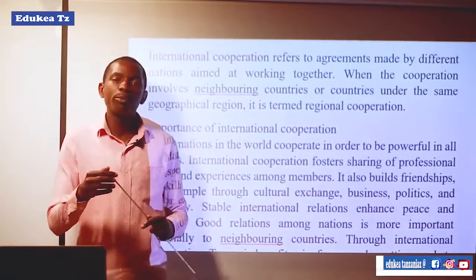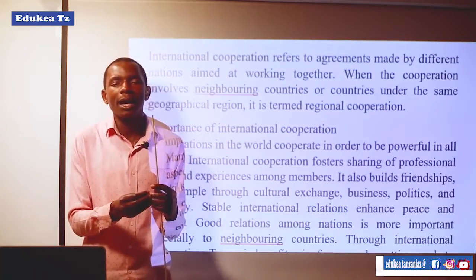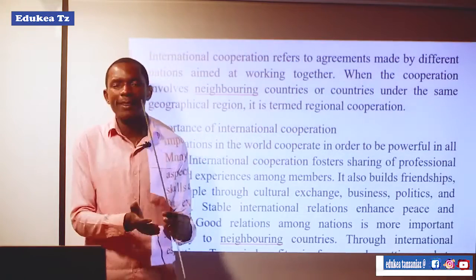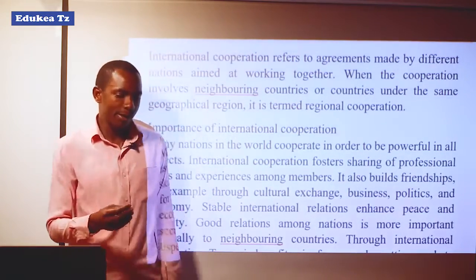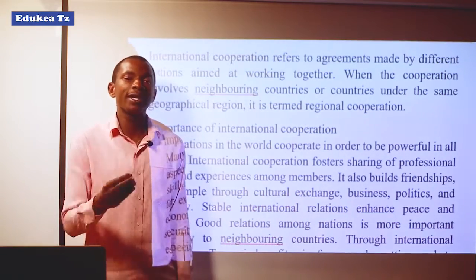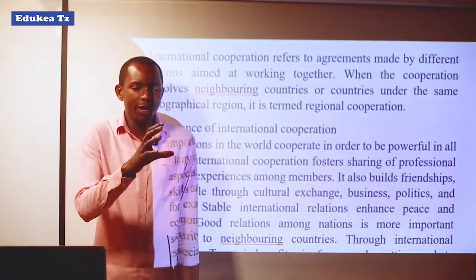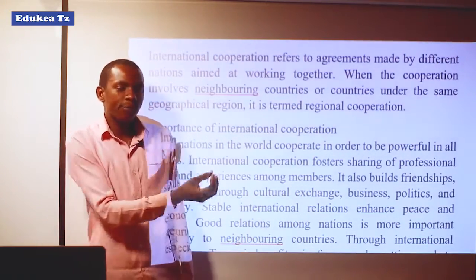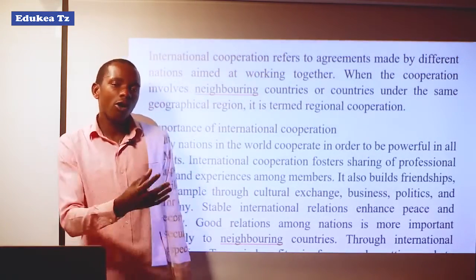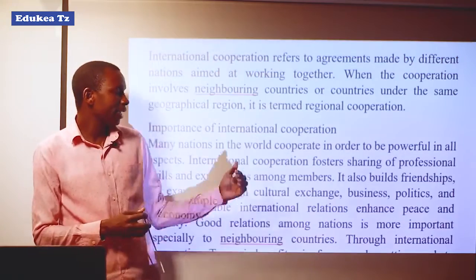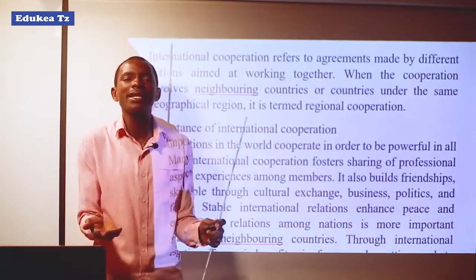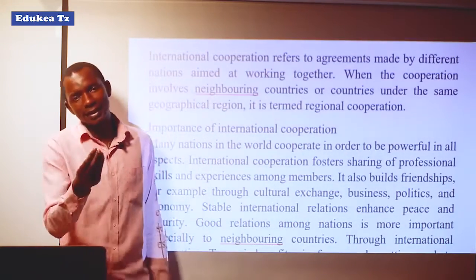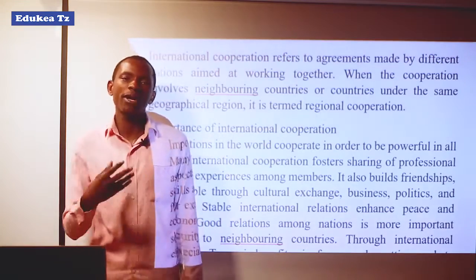Also, it helps to share different skills. Maybe in Tanzania, if we are good at preparing lawyers or engineers, our neighboring countries can benefit from it. That's why we can share. Another importance is that international cooperation can create employment opportunities.